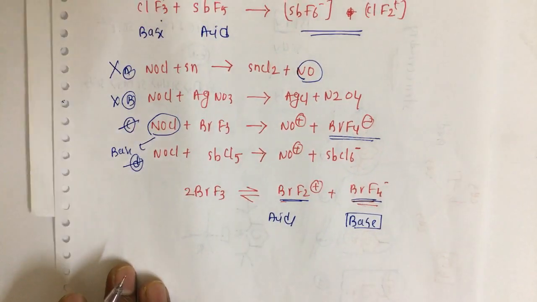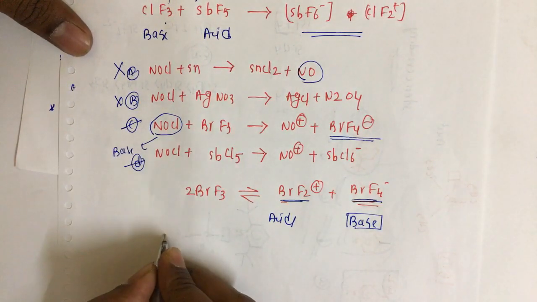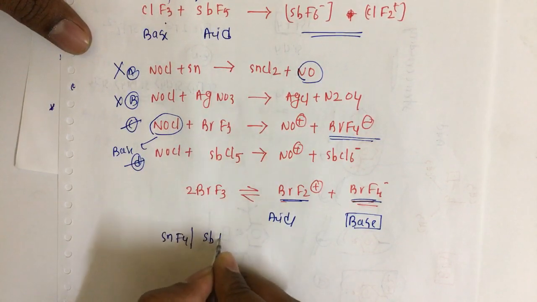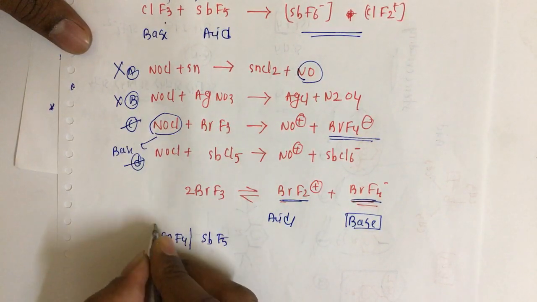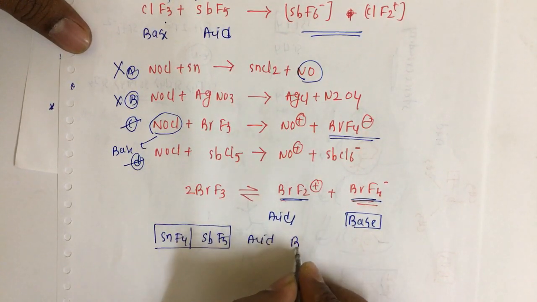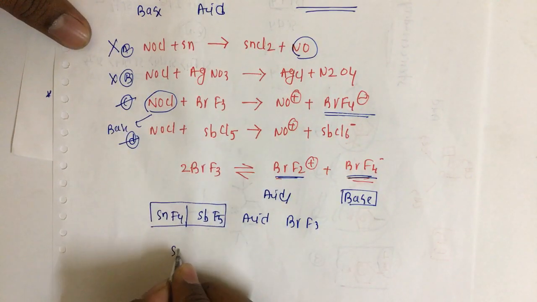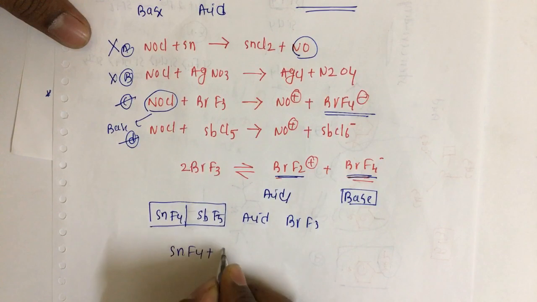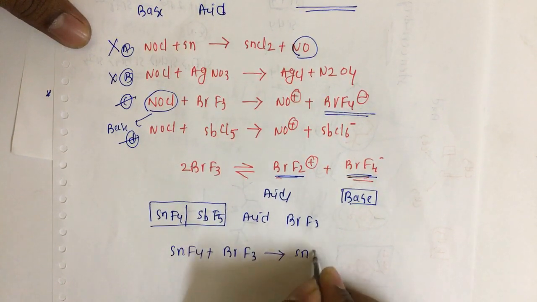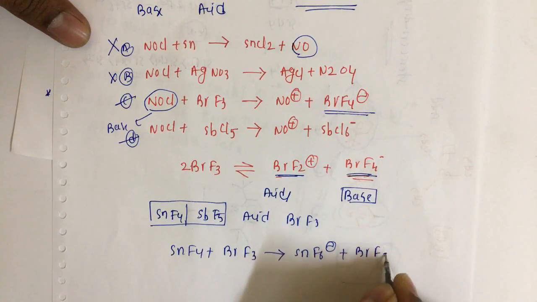And here we have KF, SnF4 and SbF5. These two compounds, SnF4 and SbF5, act as acids in a BrF3 solution. That means SnF4 plus BrF3 produces SnF6 2 minus plus BrF2 plus.